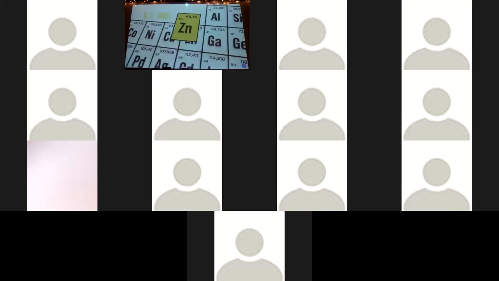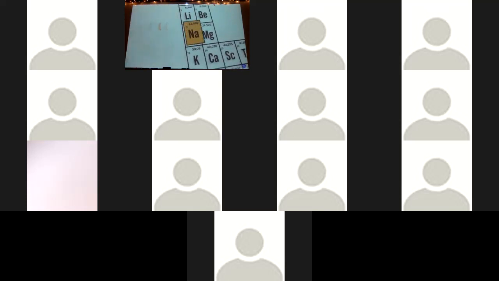The chemical symbol for iron is Fe. Zn is zinc. There are even those who know the chemical symbol for sodium is Na, because it comes from the Latin natrium. Or that the chemical symbol for gold is Au, because in Latin it was called aurum. And also some know the meaning of the numbers that appear next to the letters, like, for example, the atomic number, which is the number of positive and negative charges of the atom.